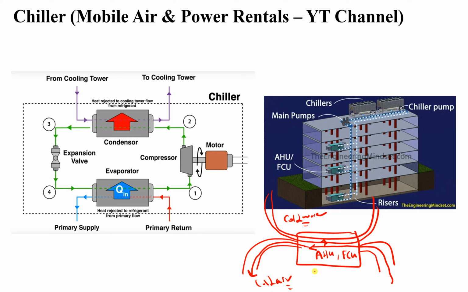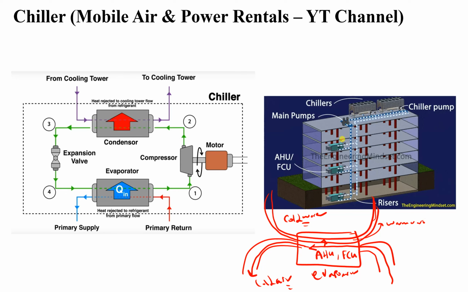So as you can see, it is exactly an evaporator, but this time instead of exchanging with the Freon, we are exchanging with this cold water. And then after taking the heat energy from all of this hot air, we will have warm water going outside, which will get back to our chiller.